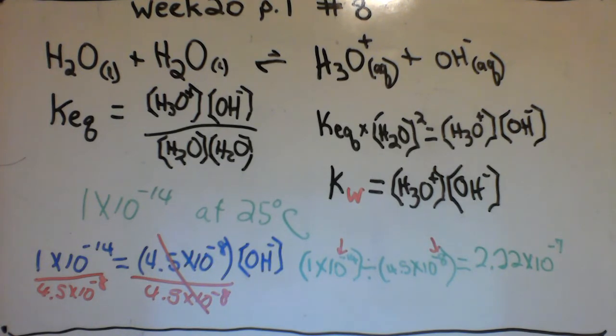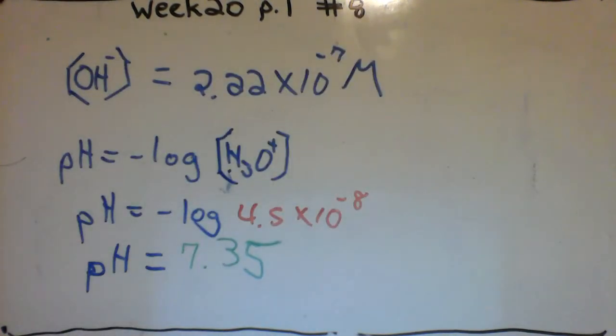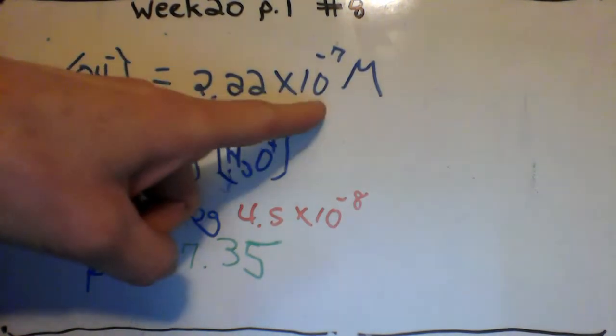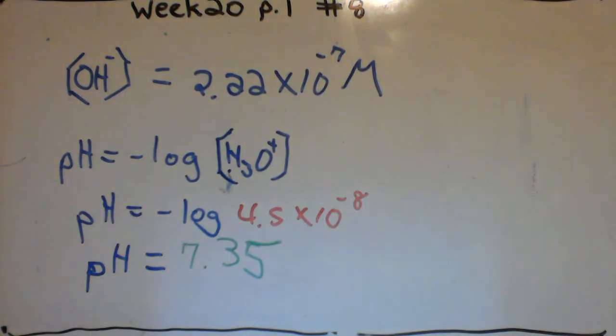You need to make sure you use the negative that's in parentheses on your number pad. And we get as an answer 2.22 times 10 to the negative 7th. We found that the concentration of hydroxide is 2.22 times 10 to the negative 7th molar.